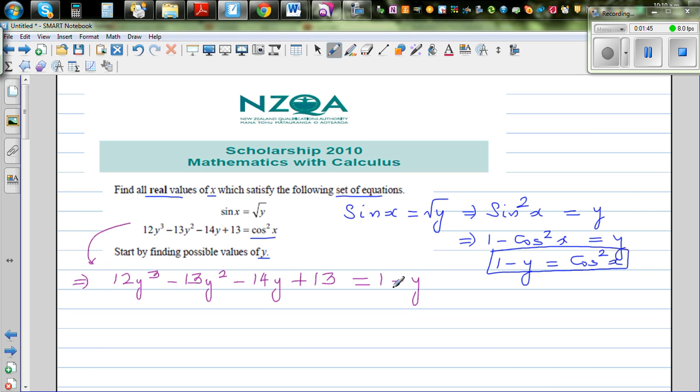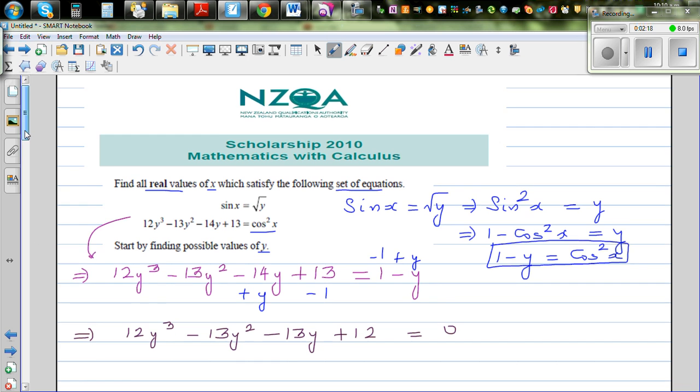So I'm going to add y to this side, and if I take away 1 from this side, I take away 1 from the other side. So this implies 12y cubed minus 13y squared minus 13y plus 12 is equal to 0.